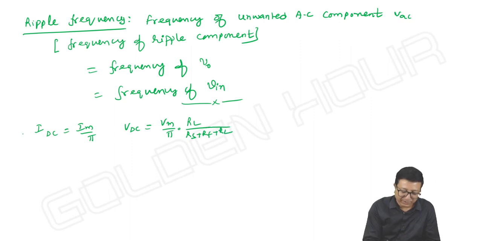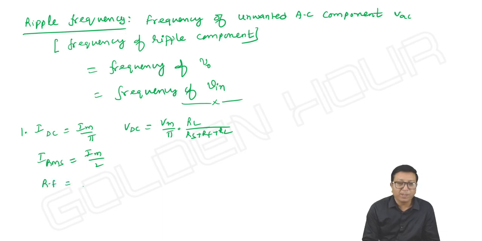And IRMS we calculated. It is Im by 2. From this, we calculated the ripple factor. IRMS dash, the RMS value of the AC component, is the square root of IRMS square minus IDC square. Ripple factor is found to be 1.21.